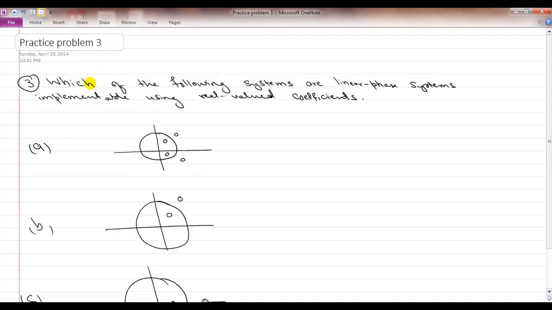Okay, let's move to the third problem, which is again a simple problem if you know your facts about linear phase systems which have real valued coefficients. The question is saying which of the following systems are linear phase systems implementable using real valued coefficients. Now, these pole zero diagrams are just omitting the trivial poles at z equal to 0.